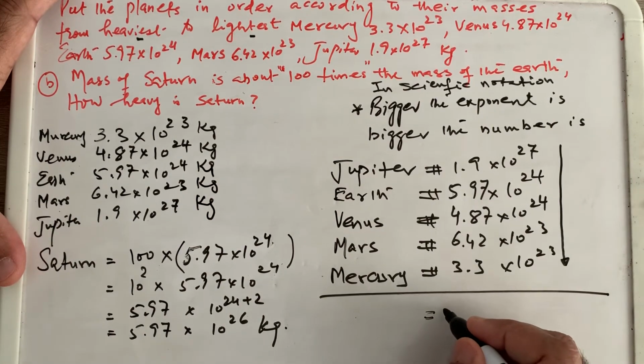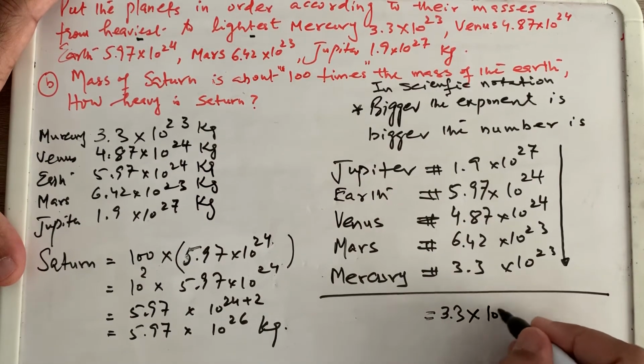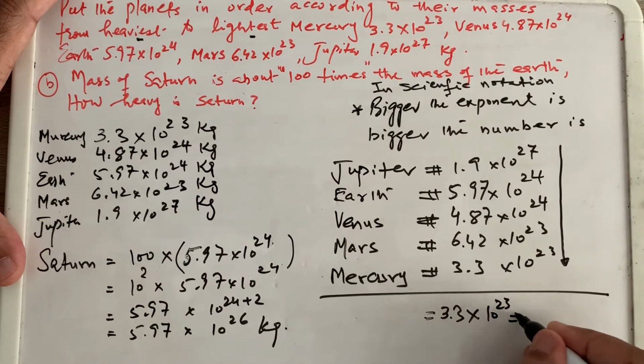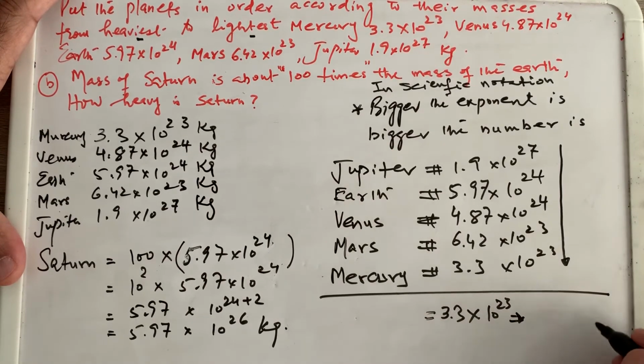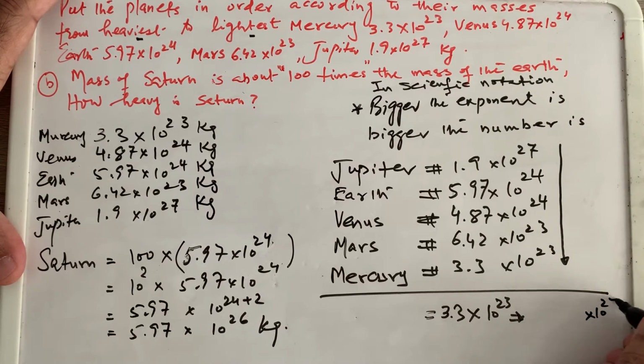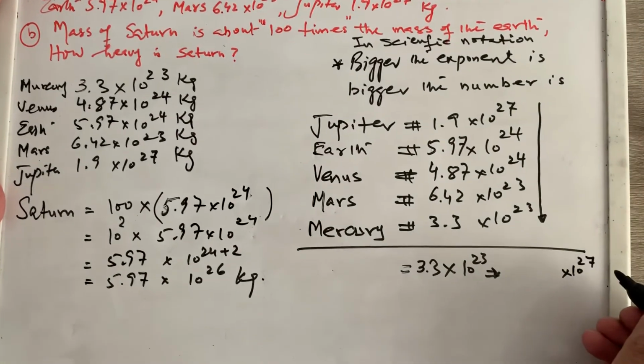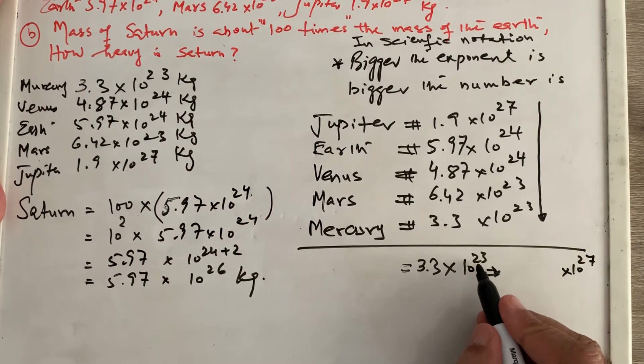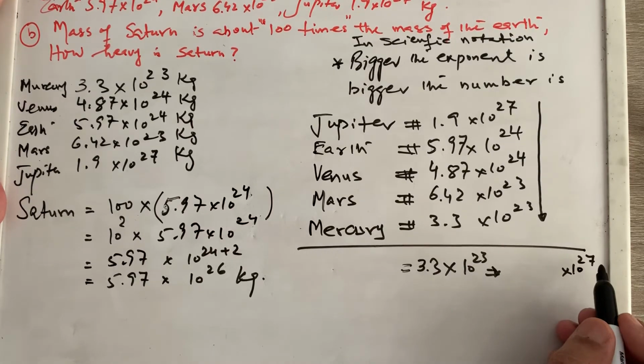If I have Mercury, 3.3 times 10 to the power 23, and I want to make it an exponent of 27, which is my biggest power, then I make it 10,000 times bigger in the exponent, 23 to 27, so 4 zeros.